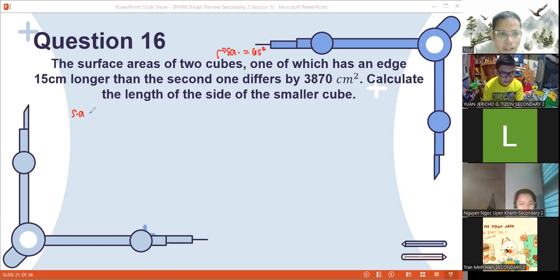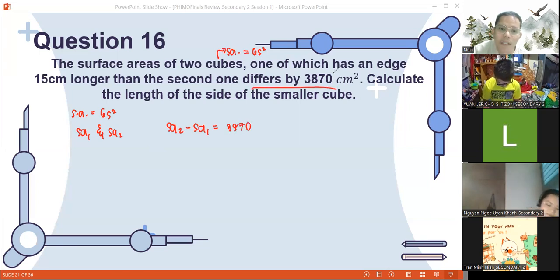Now, we have SA1 and SA2 because there are two of them. So surface area 2 minus surface area 1 is equal to 3870 because they differ by 3870, correct?